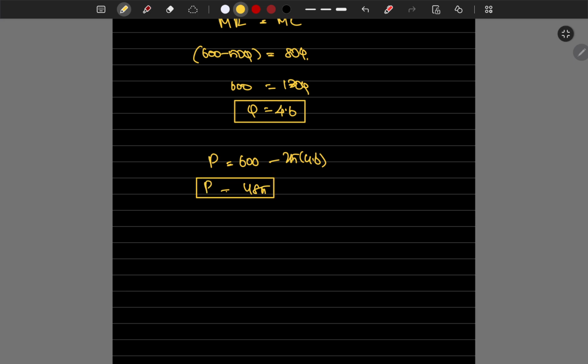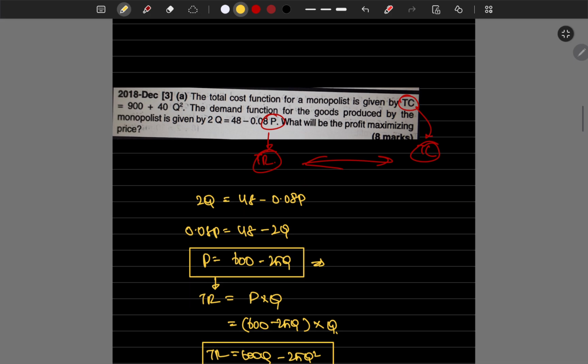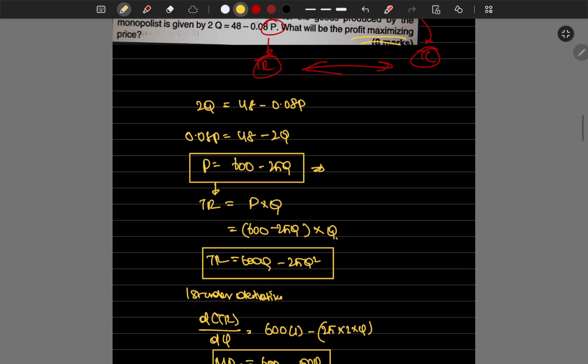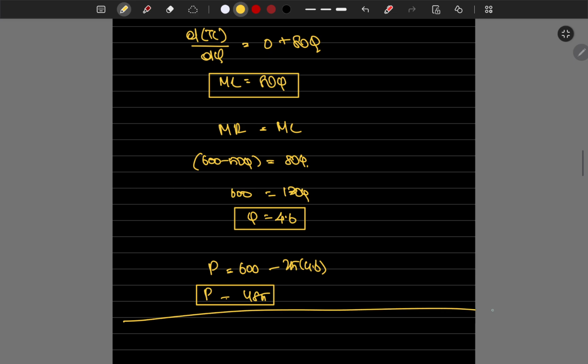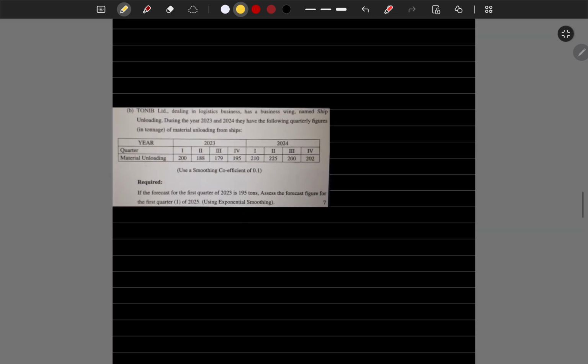Quantity is 4.6. So this is where the profit will be maximized. So the profit maximization price is 485. So that's it, the problem is over. We'll go to the next problem.